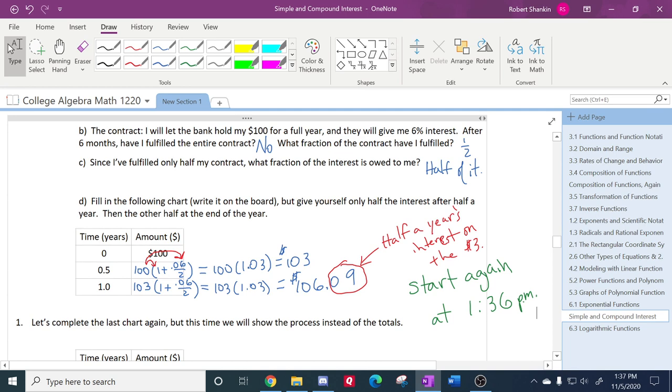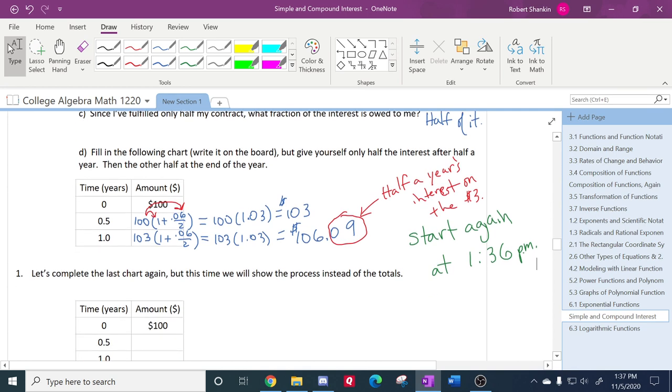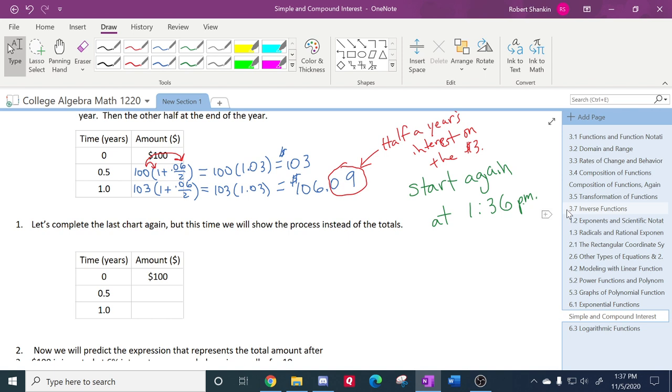So, let's go back here. Let's complete this last chart again, but this time we'll show the process instead of the totals. So we're going to have 100 times one plus 0.06 divided by 2.